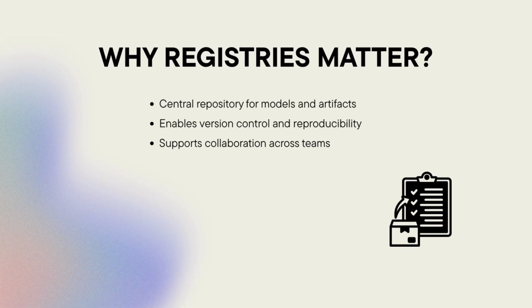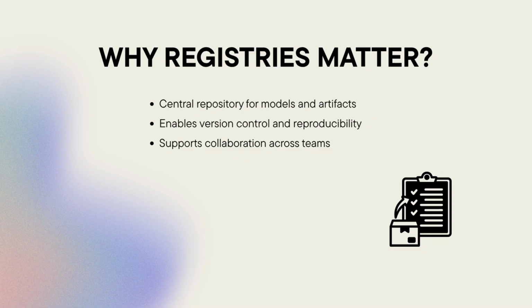So, why do registries matter? A model registry is essentially the single source of truth for AI models. Without it, organizations often struggle with model sprawl, where different versions live on laptops or ad hoc file shares. A registry centralizes storage so teams know exactly which version is in production, which is experimental, and which has been retired.